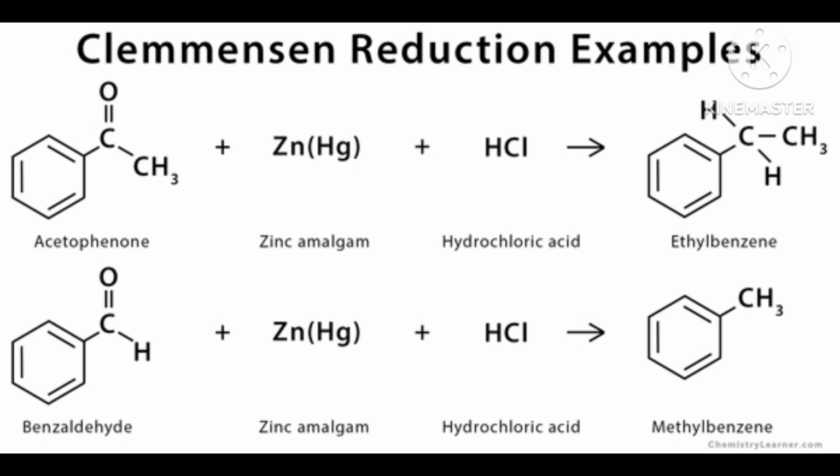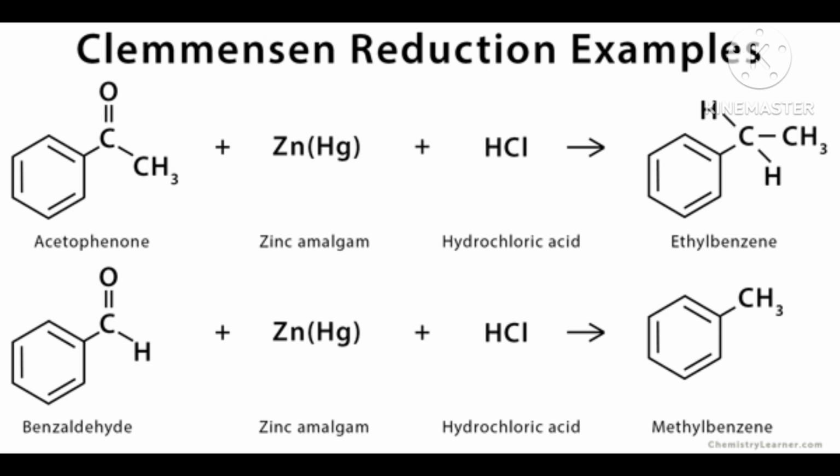When you are using zinc amalgam, ZnHg, with concentrated HCl, that is called Clemmensen reduction. Then you will get hydrocarbon, means the C=O group of carbonyl present in aldehyde and ketone will convert to CH2.